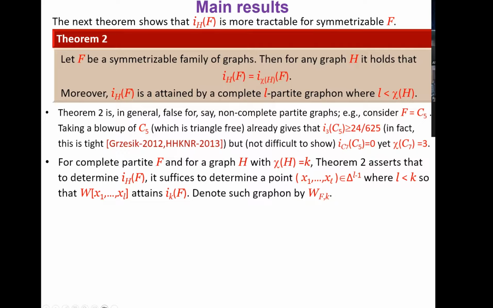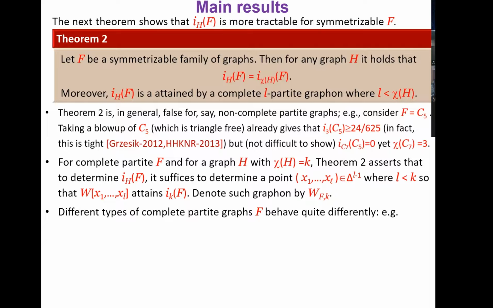And then, of course, once I have this graphon, I can just compute it. The induced density will just be a polynomial in x_1 to x_L. And it's just a matter of asking what L is and what the part sizes are. So this is what the problem is. And we denote the optimal graphon we want to find by W_{F,K}.